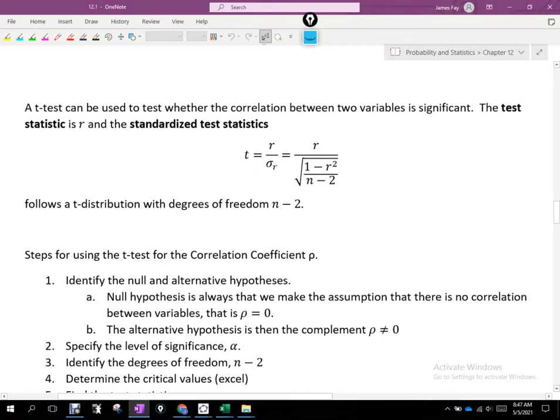The standard error is found by taking the square root of 1 minus r squared, divided by n minus 2, where n minus 2 is your degrees of freedom.